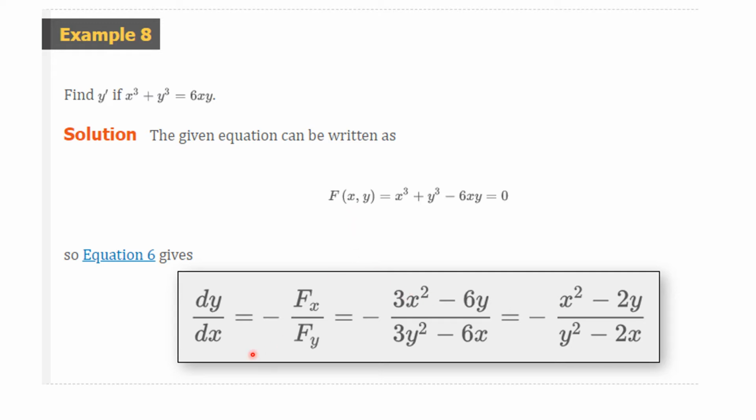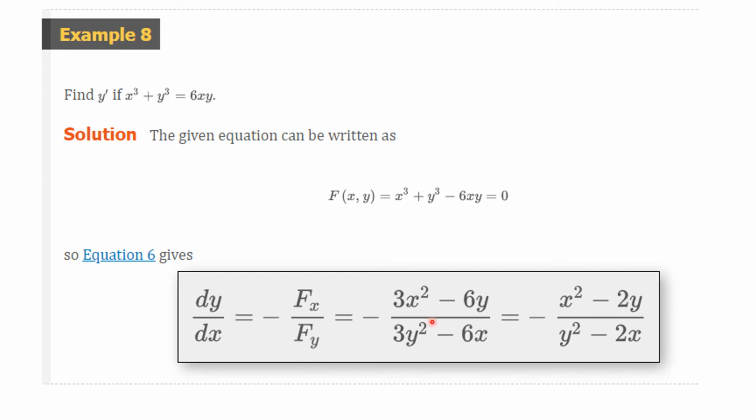Okay, so we're going to use this formula, so we need to calculate the partial of capital F with respect to x. That's going to be 3x squared minus 6y. Notice that we moved this over, so this is actually equal to 0, so we reconfigured that as well. And so we get this as the numerator. The denominator, similarly, because of the symmetry, is going to be 3y squared minus 6x.